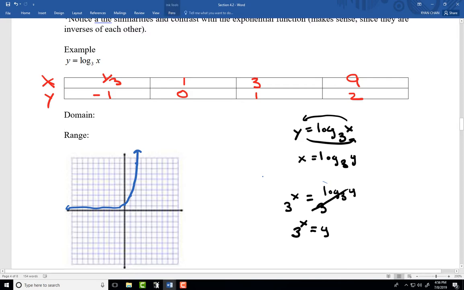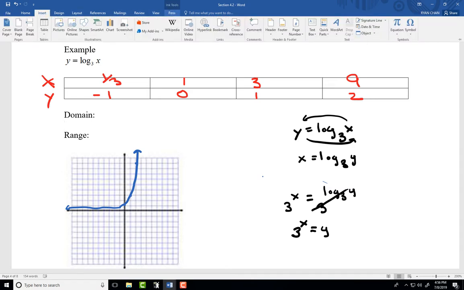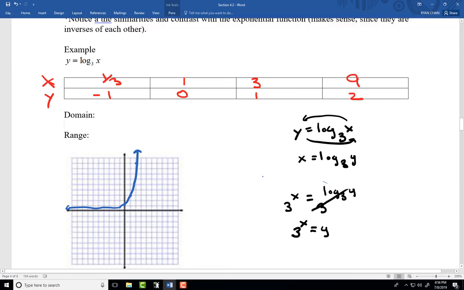So let me graph these. I have 1, 0; 3, 1; 9, 2; and 1/3, -1, like this. And it's going to look like the following.